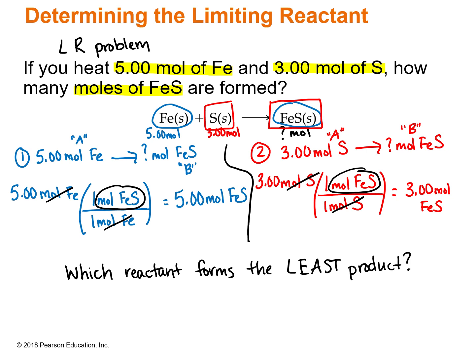So which one is smaller? The 5 moles of iron 2 sulfide or 3 moles? Yeah, it's going to be the second one, 3 moles. And that means that sulfur is the limiting reactant.